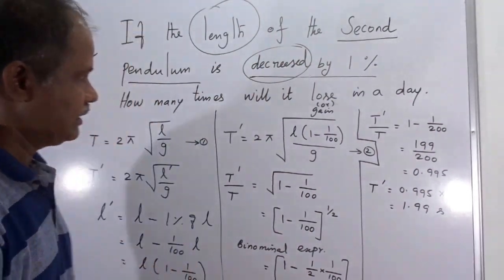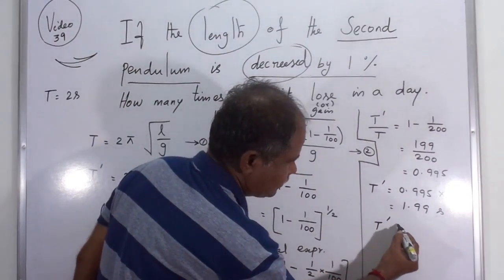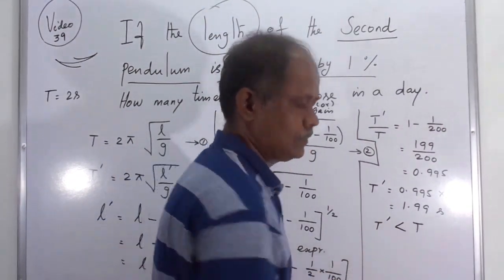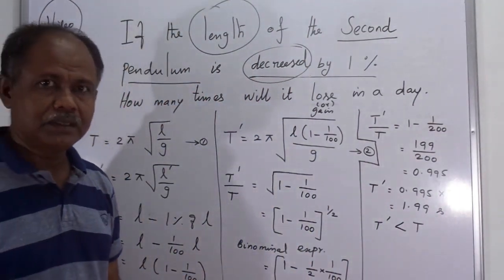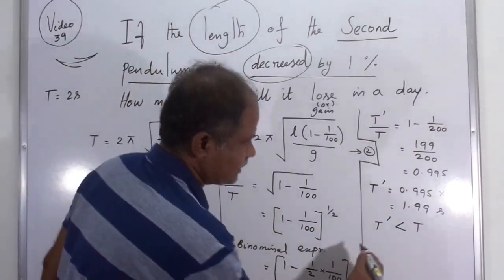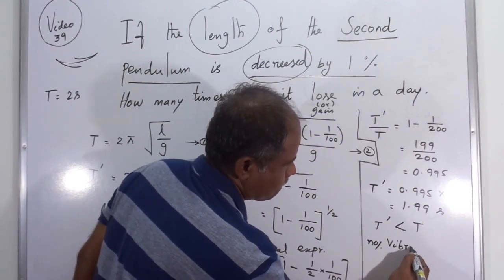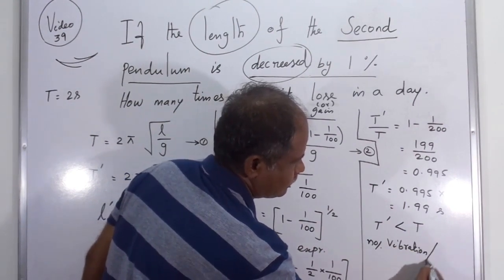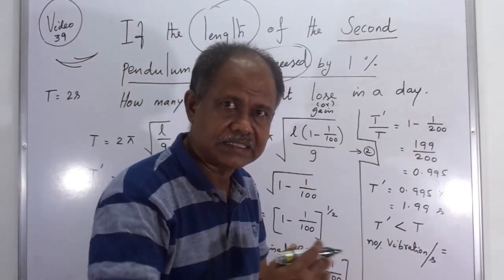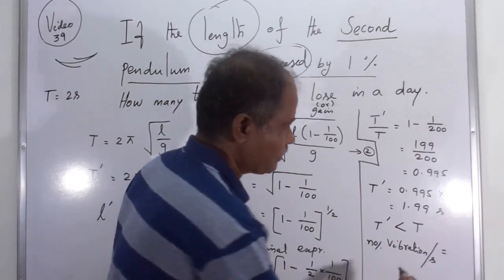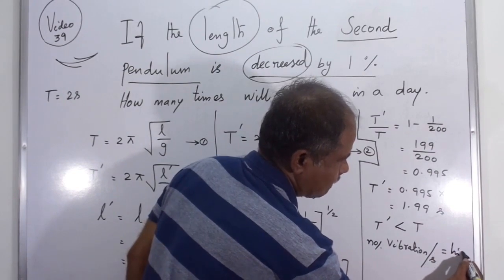T dash is less than T. That means when the time period decreases, the number of vibrations per second is high.